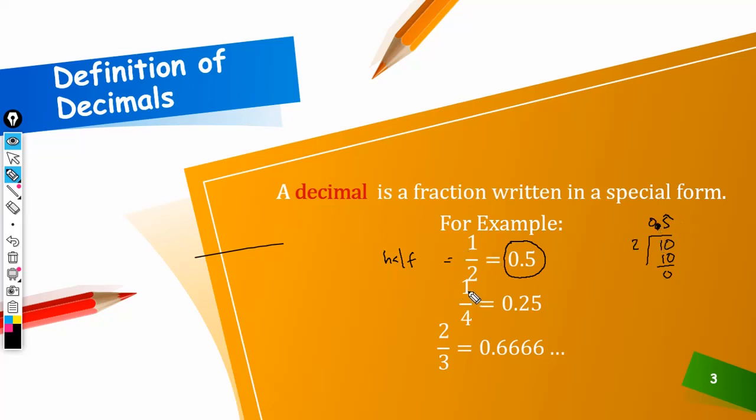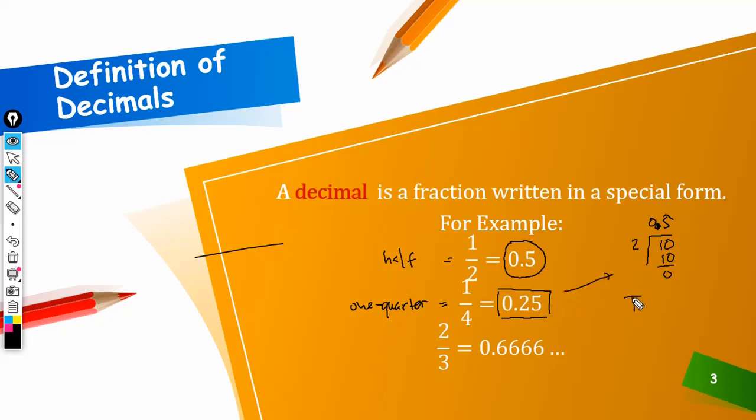And also for a quarter, so for 1 quarter we express this using decimal with 0.25. You can get this the same way.